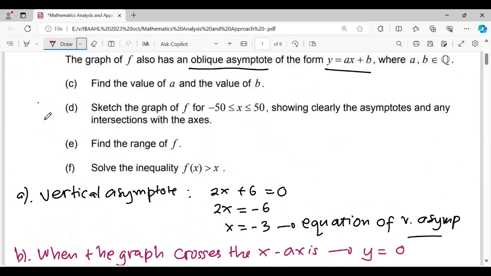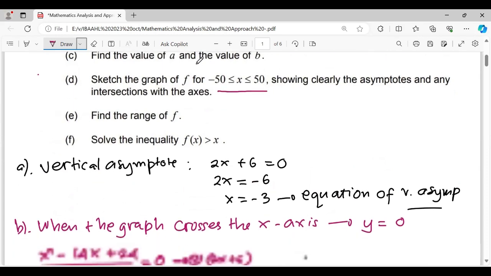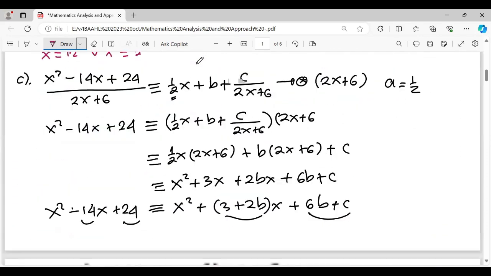D, the question is to get the graph for the interval x from minus 50 to 50. Okay, we're going to find the oblique asymptotes, after that let's find the intercepts.